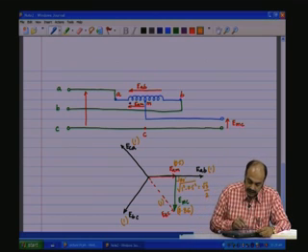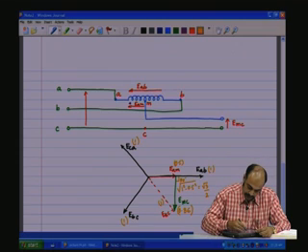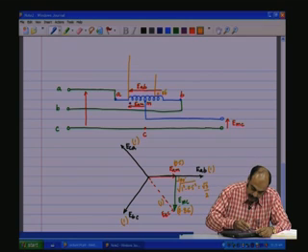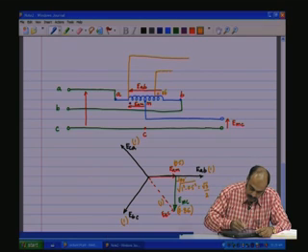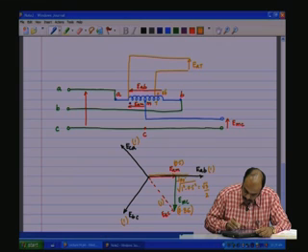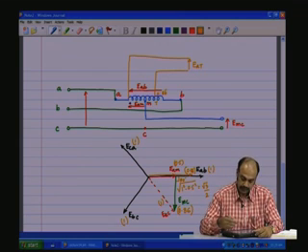So, let us take a tap from here, at 0.86 with respect to the winding here, and let us say this is the tap point, and this EAT. So, our EAT will be 0.86 amplitude.